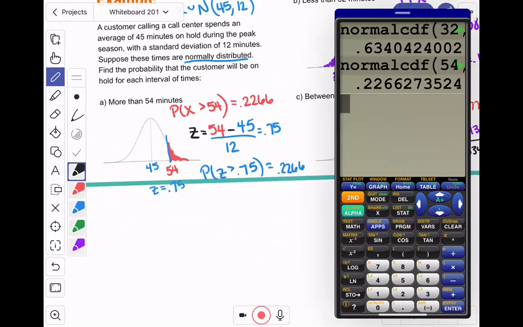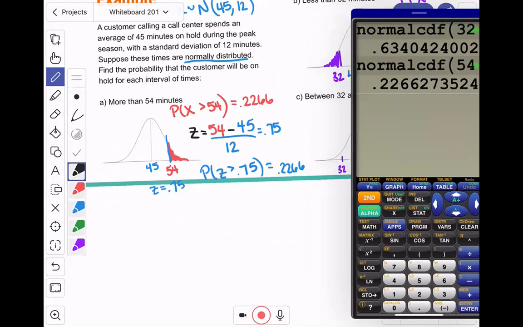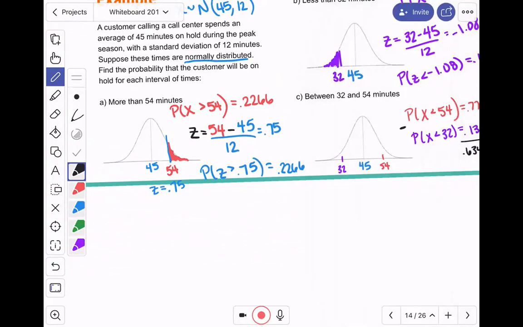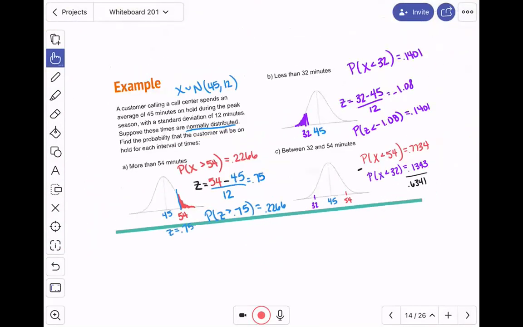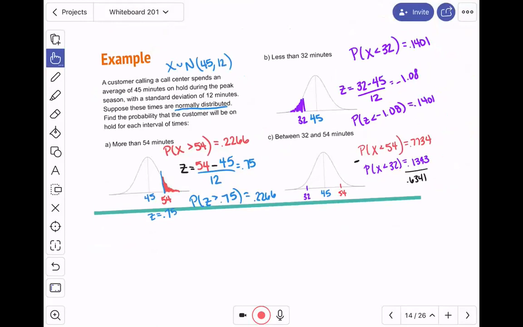I don't have to do the 1 minus stuff that we're doing right now, because this calculator can integrate both sides of the curve. If you want to know how to do that, you can get the calculator, and I'll put a video up on that too. I don't care if you use it or not. It's just so you have access to it.